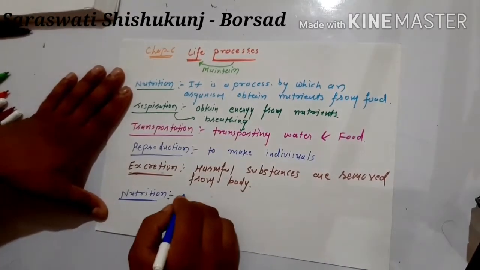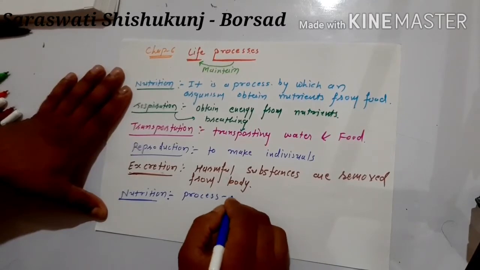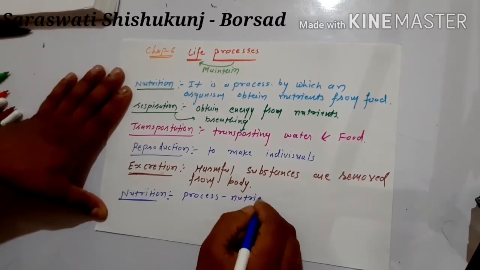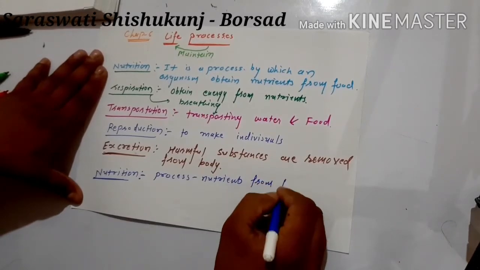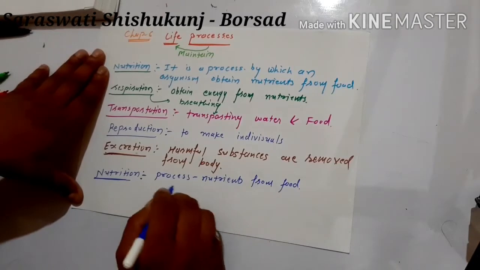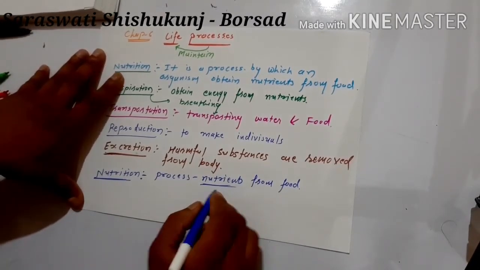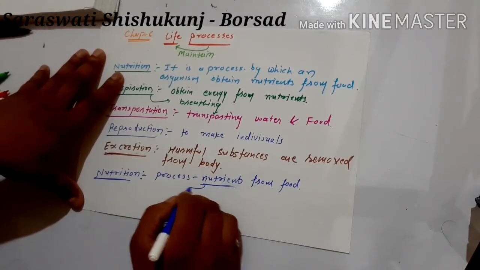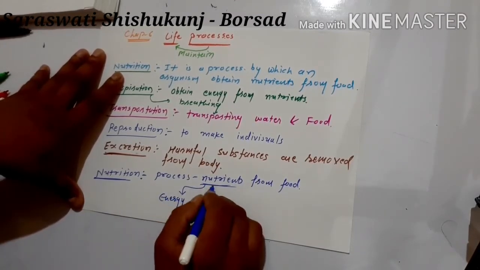Nutrition is the process by which we obtain nutrients from food. These nutrients, for what are these nutrients used? These nutrients are used for energy, to obtain energy.